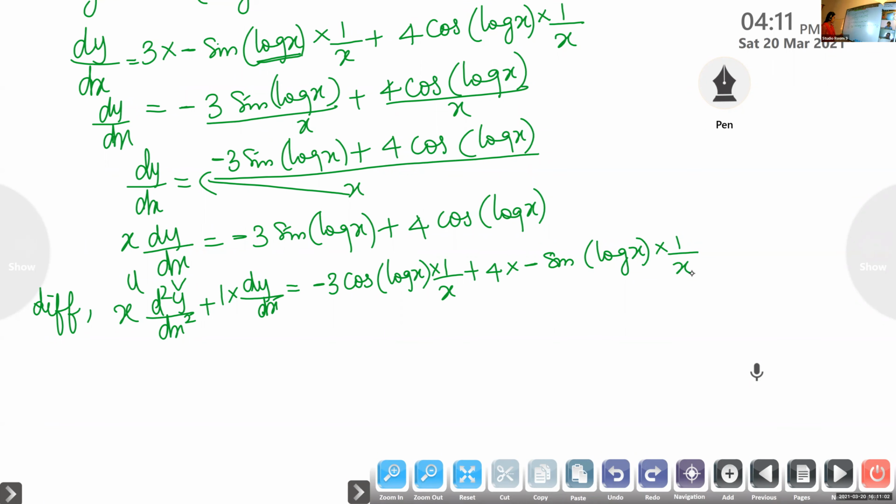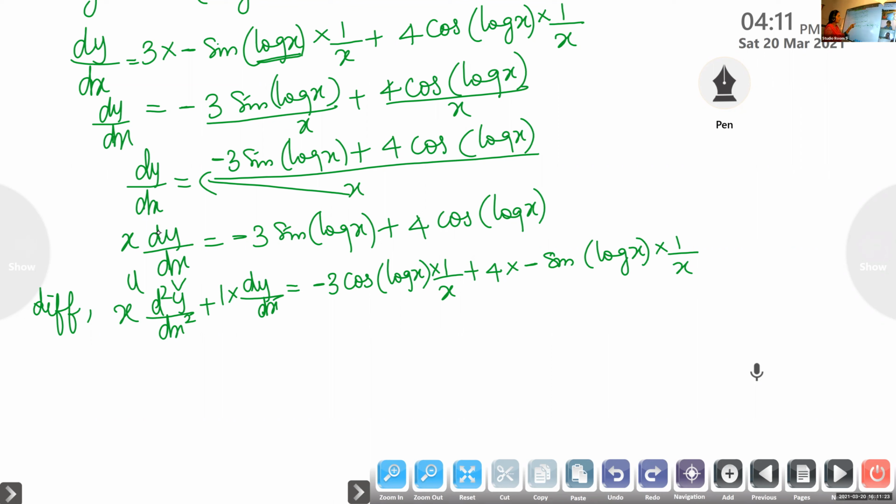Listen children, I'll repeat it again as we are differentiating. So on the LHS we are using the product rule. First function into derivative of second function, x d square y by dx square, plus dy by dx, you keep it as such, derivative of x is 1, equal to minus 3 into derivative of sine x, which is cos x.